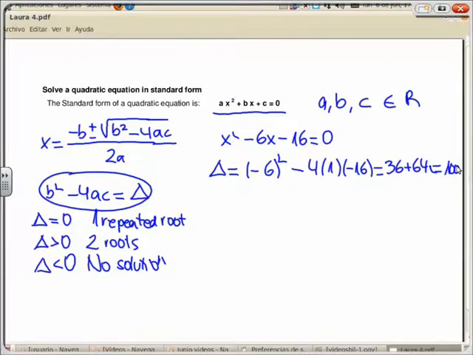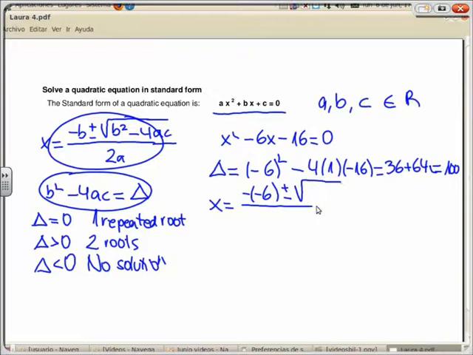100 is greater than 0, so we already know that this equation will have two solutions. Now, to find these two solutions, we have to substitute in this formula, and we get negative 6 plus or minus the square root of the discriminant, that is 100, over 2 times 1.